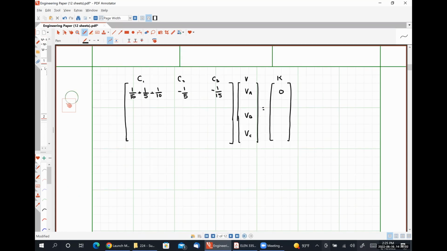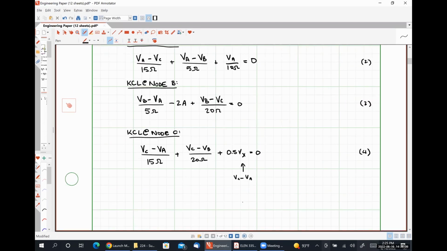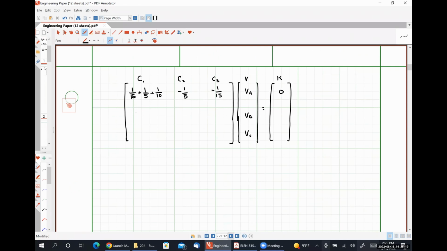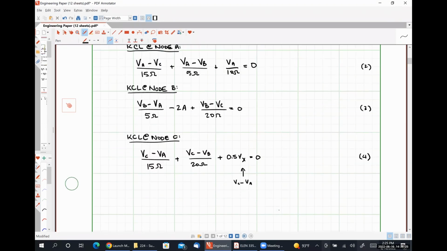Now let's look at our second KCL equation. So in my second KCL equation, I see that VA has a coefficient of -1/5. My coefficient for VB is +1/5 plus 1/20.